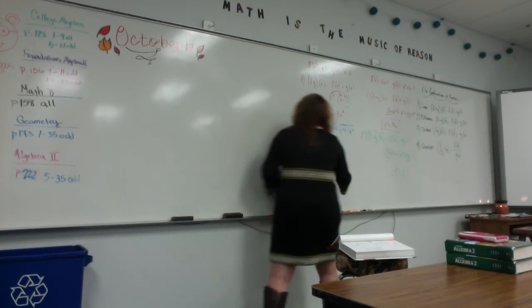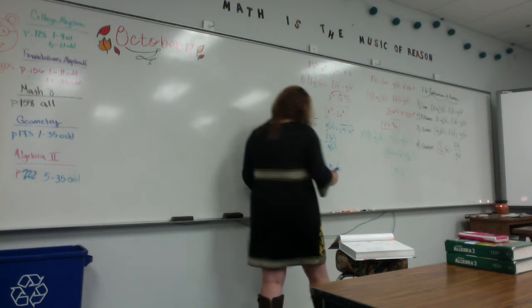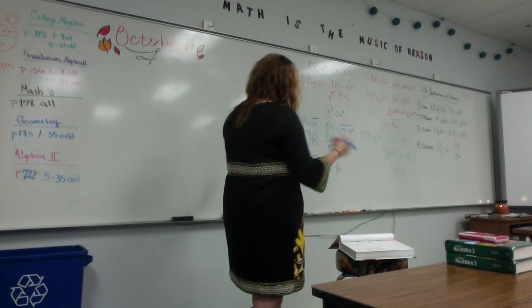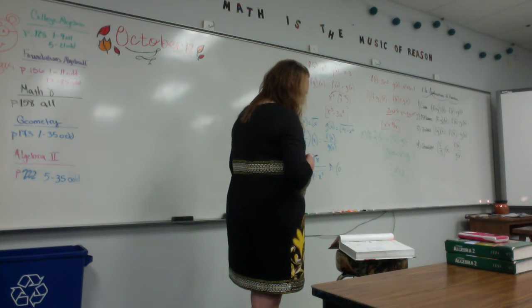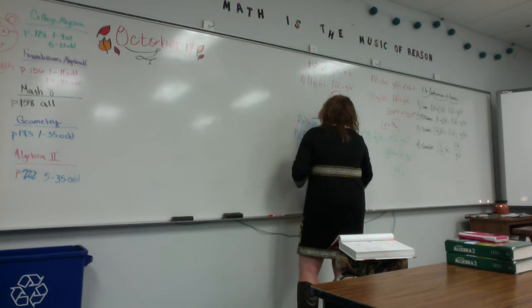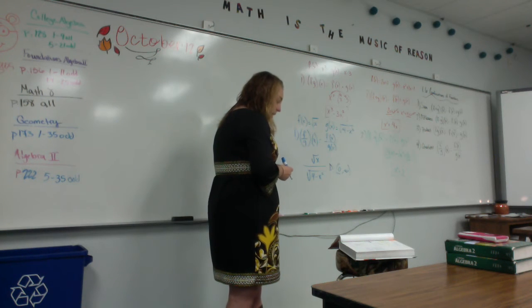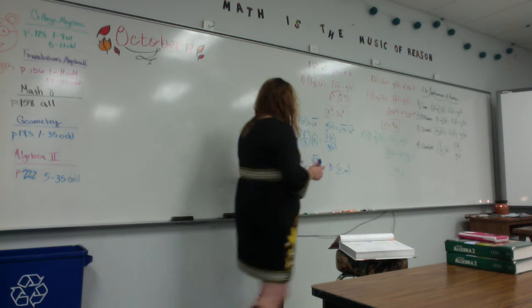So my domain for this would be 0, because I can't have 0 in the denominator spot. So it would be 0 to infinity. And then my other part of my domain comes from the negative 2 and 2 that we talked about.